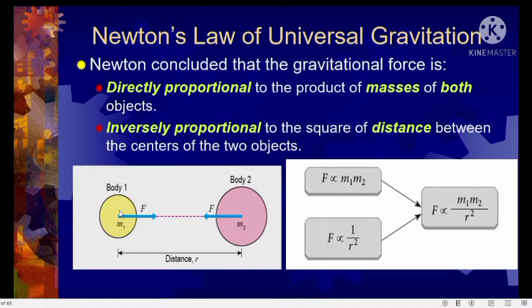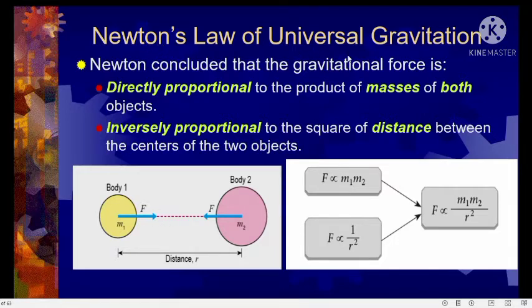When we discuss two objects, body 1 and body 2, the distance between the centers of the two objects is r. The mass of the first body is m1, the mass of the second body is m2. According to Newton's law of universal gravitation, there will be a gravitational force that acts between these two objects.